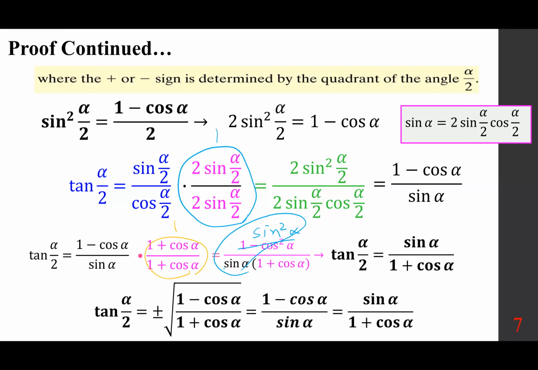And that's the proof of the third one. So we proved tan of alpha over 2. There are different ways to write them. For example, sine of alpha over 1 plus cosine alpha. All right. So those are the proofs. I highly recommend you go over them for a couple of times. You need to be comfortable with them, okay?